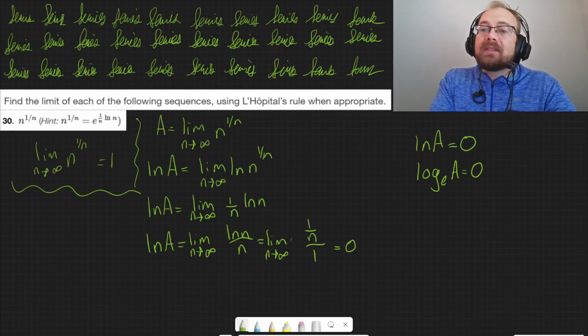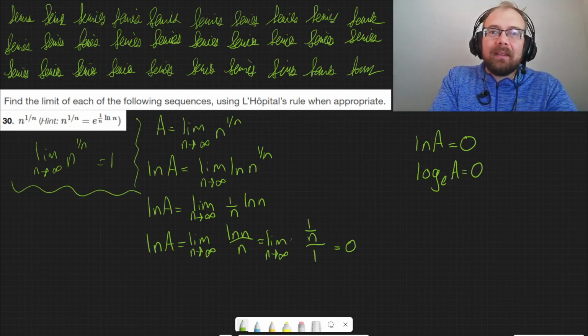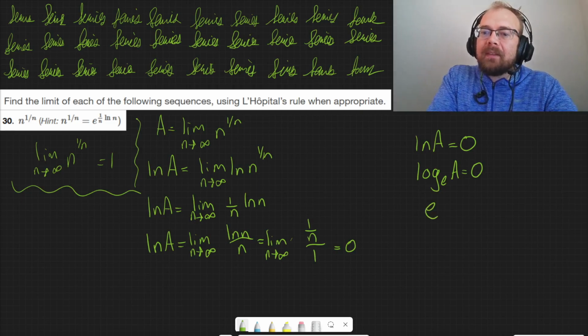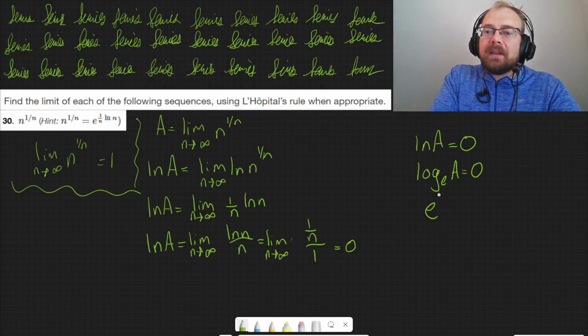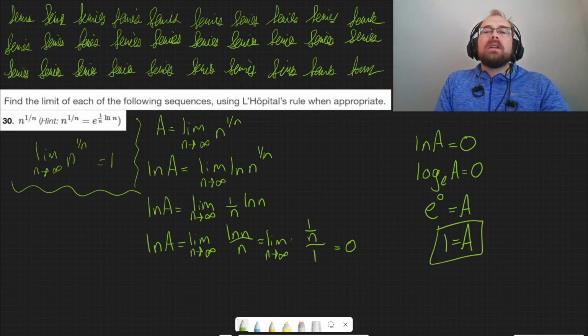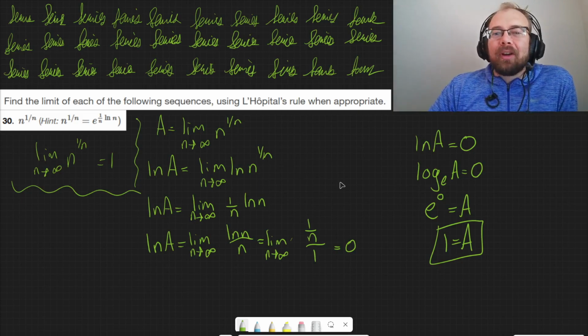It goes: the base stays the base and the others switch place. So the base stays the base, e stays e. The others switch place, a and 0 switch place. So now it's e to the 0 and it's equal to a. Well, what's e to the 0 power? 1.